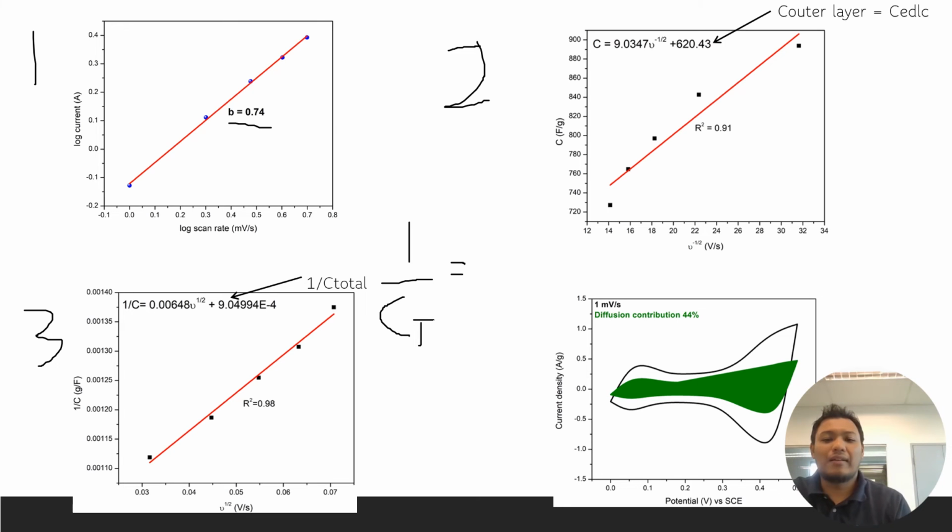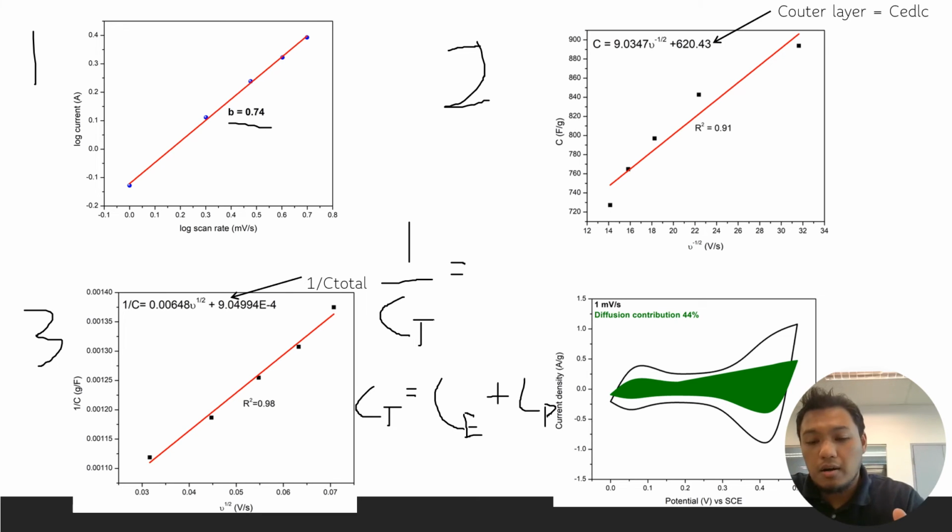Then before you plot graph number 4, what you need to do is find the C pseudo by having C total equal to C EDLC plus C pseudo. I just put the acronym CE for EDLC and CP for pseudo.